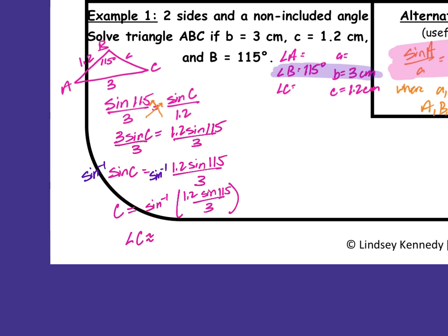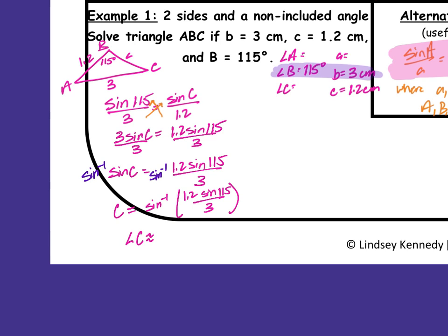So I'm going to close that. That one goes with the sine. This one goes with the top row. And then it's divided by 3. And then we should have the arrow over, closing parenthesis. So it should be 21.3 degrees. Do you see that?